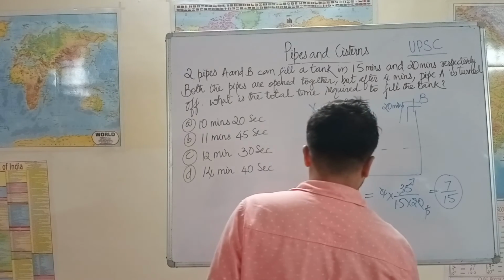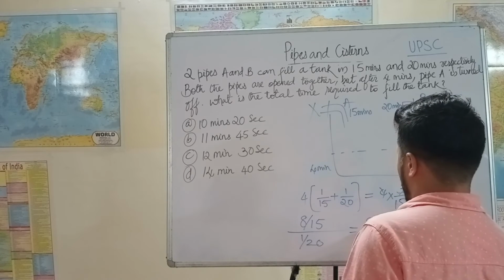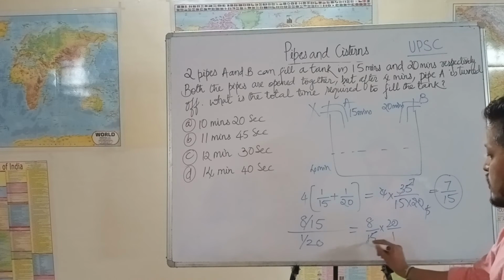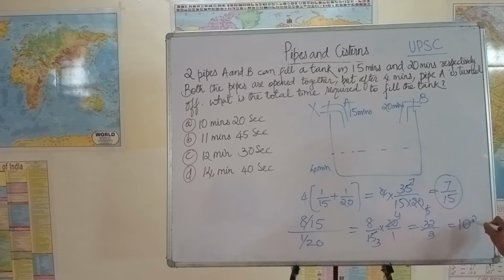So 8 by 15 into 20 is 32 by 3. 32 by 3 is what? 10 times 3 is 30 and 2 remaining, so 10 and 2 by 3. 2 by 3 of a minute is what? 40 seconds.